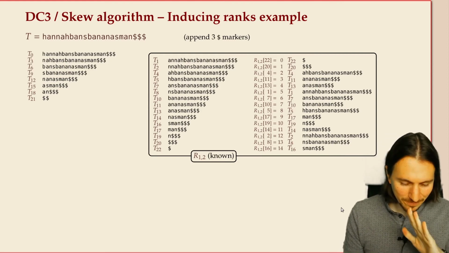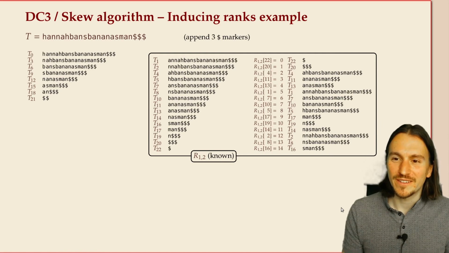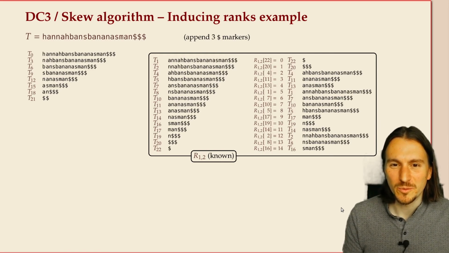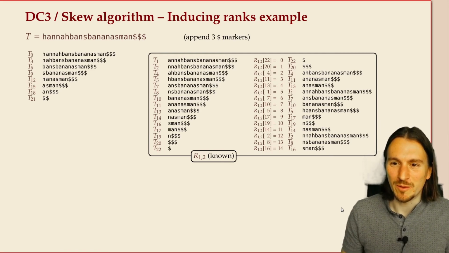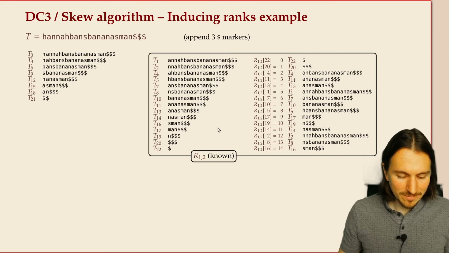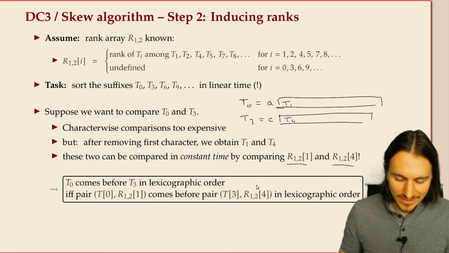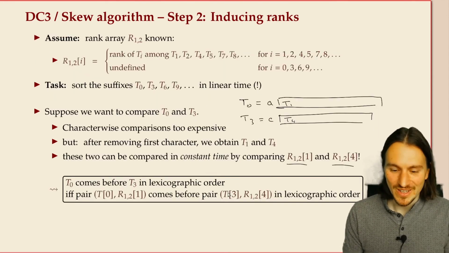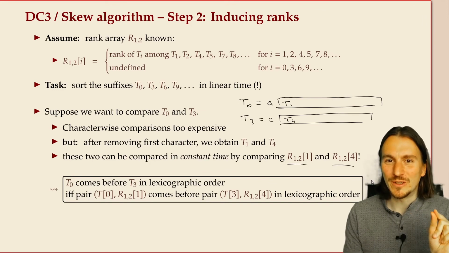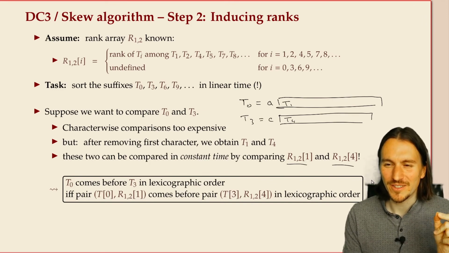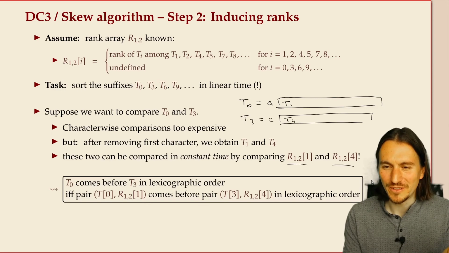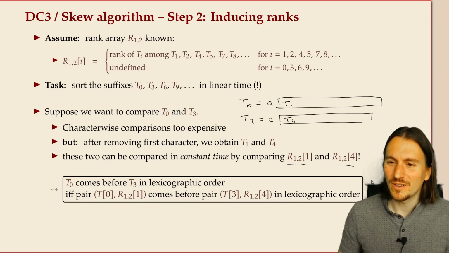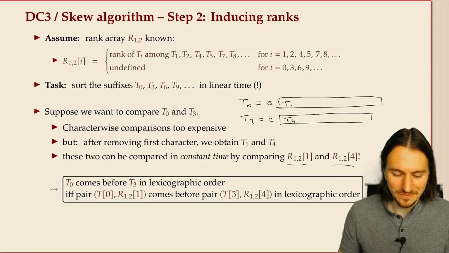So let's briefly look at how we do this in an example, because there's one step that's still missing. I've shown you how we can do a single comparison in constant time, but we still have to sort. And doesn't sorting always take n log n time?